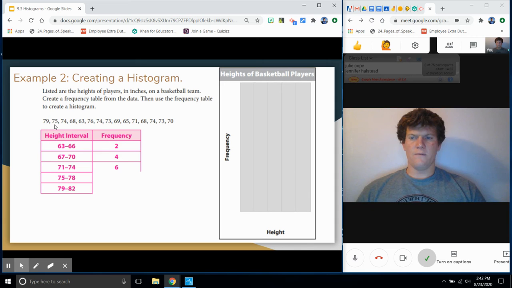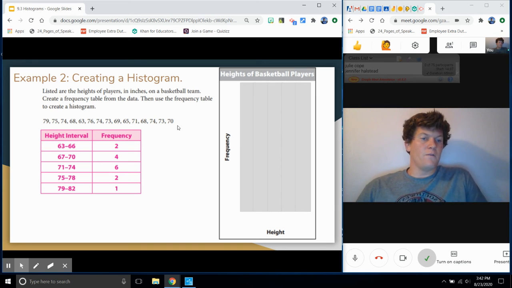Okay, there's a 75. A 76. That's it. Is that right? Did it 2? Yep, 2. And our last one's 79. Well, we had 79 from the beginning. Any other 79s? Anything bigger than that? No. So just 1 in that interval.